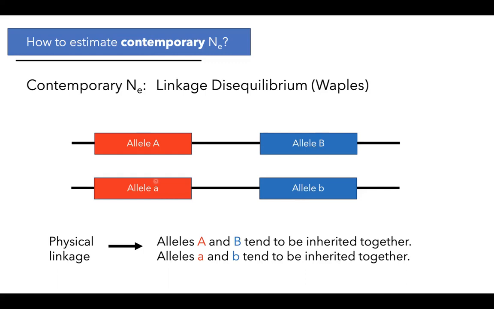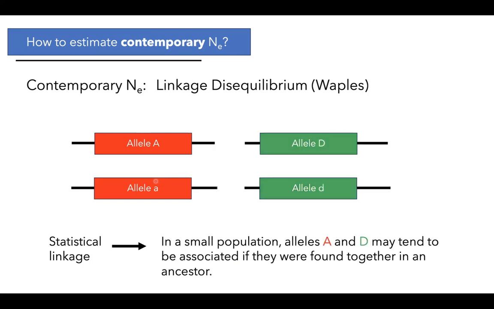Those are going to be inherited together as a unit. And so if these were chromosomes that were in parents, we would tend to see in the offspring big A and big B present together, little a and little b present together in the offspring.